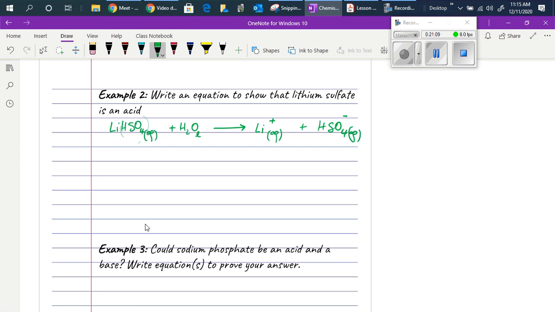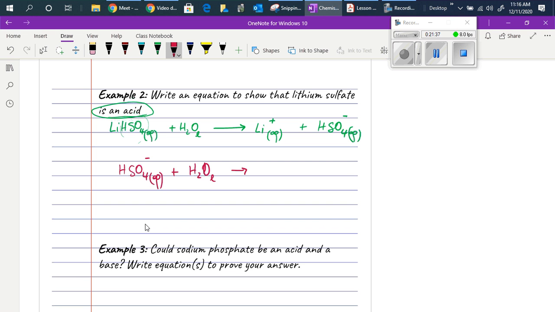So now for the modified Arrhenius, we are proving here that it is an acid, okay? For the modified Arrhenius, what we will have is this HSO4 minus in aqueous solution plus water. The water is present there all the time.